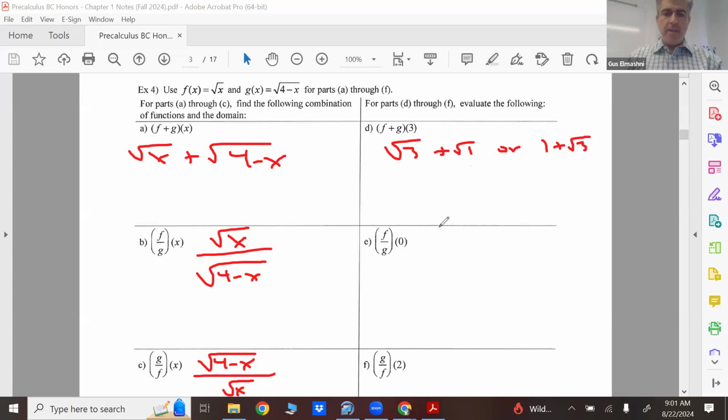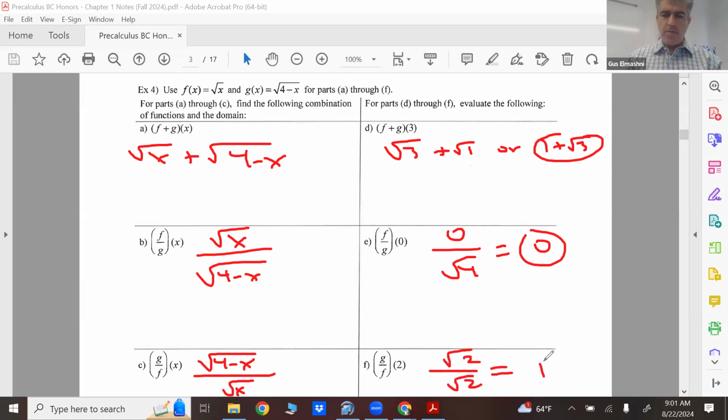That's going to be 0 over root 4, which is 0 anyway. And that's going to be root 2 over root 2, just 1. But let's do the domain next. I'll do it in green.